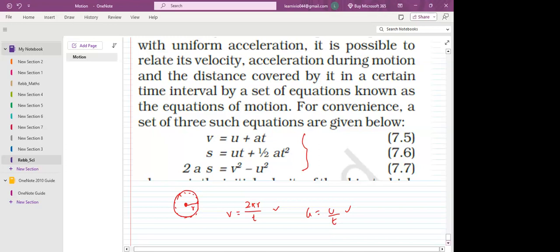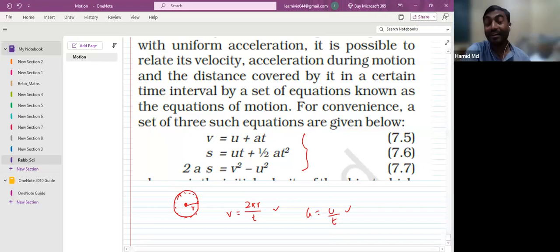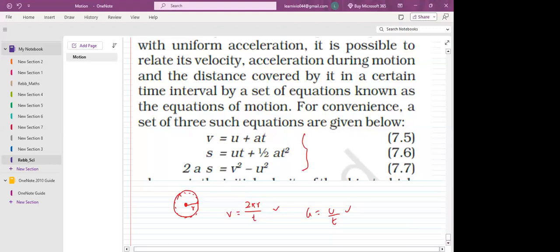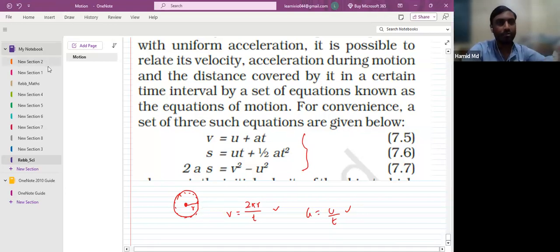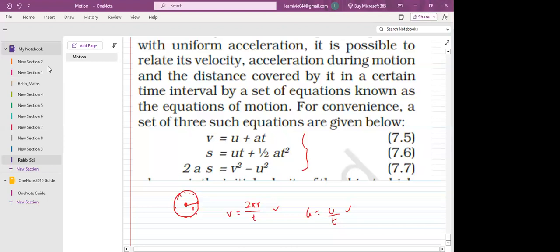Could you do one question now, sir, if you can? Which question? Related to polynomial division. What is the question? Just any question to show an example.